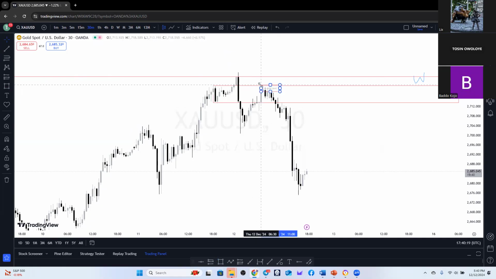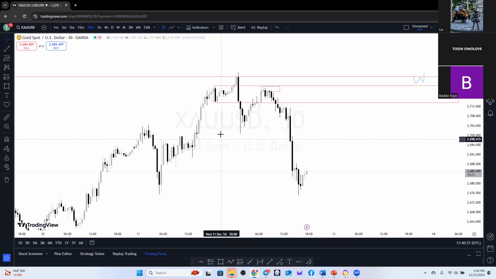Once my 30-minute engulfing has been created, I have validation that yes, this one is going to hold in a way, because it has reduced my stop loss from here to now looking at this top.